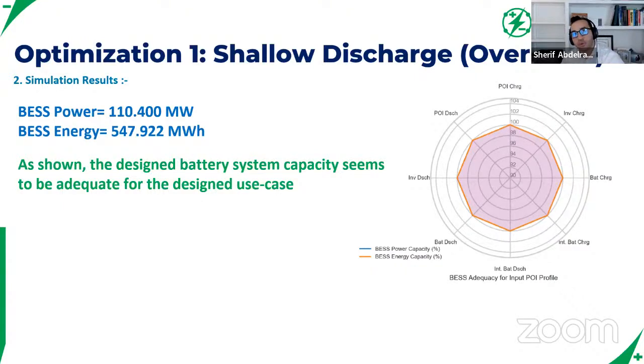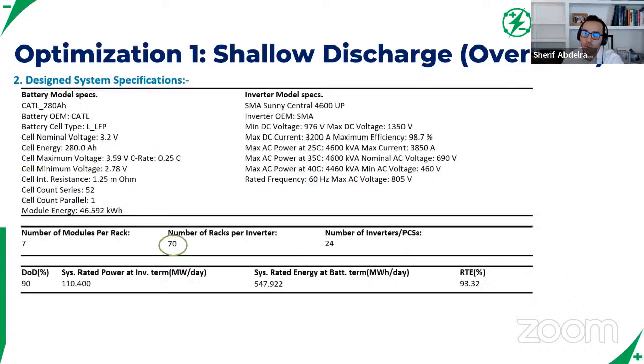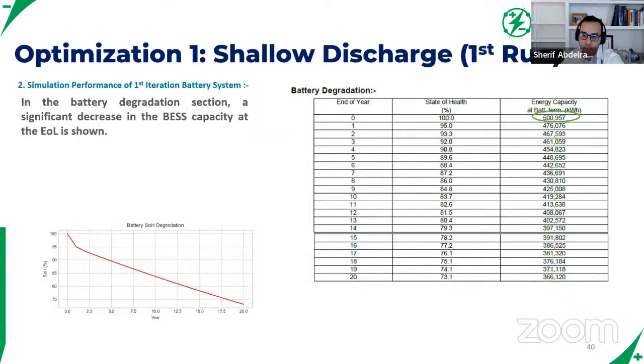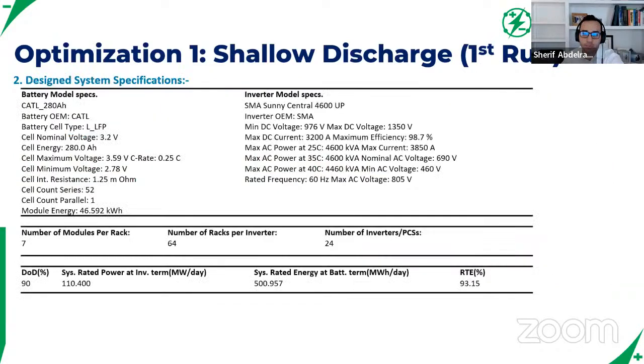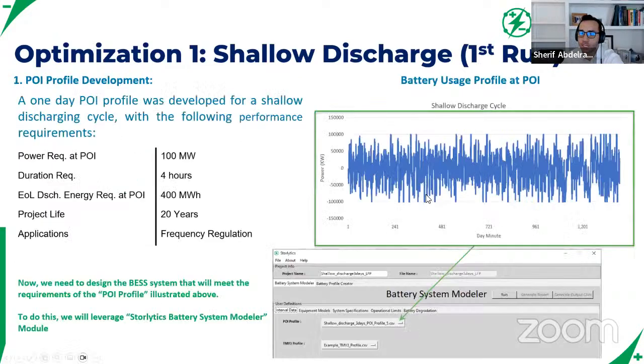But if you're participating in a merchant market, or if you're participating in PJM or some other ISO, then you can look at historical data for the service you're planning to participate in. So for the shallow discharge case, we actually use the PJM signal for frequency regulation, the Reg D signal.